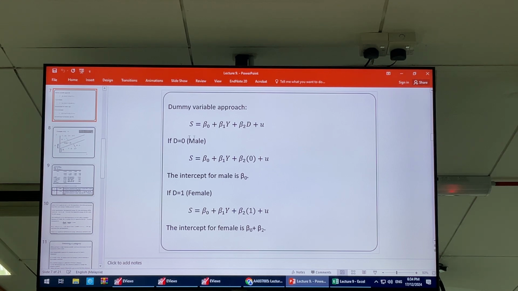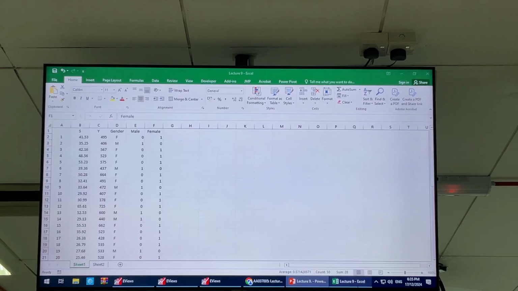So you can have another variable. Let's say this one is D1 and then D2 is for whether they are working in the government sector, for example. So you create that variable just like what we did just now: if they are working in government, 1, if not, 0.